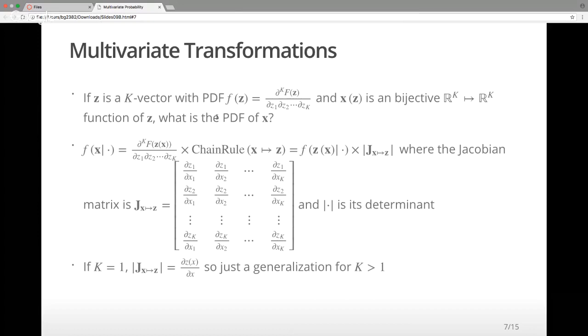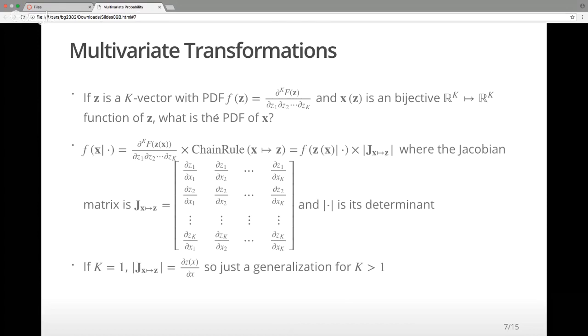And again, if we consider the case where k is equal to 1, so we have a vector of size 1, then the determinant of the Jacobian 1-by-1 matrix is just going to be the derivative of z written as a function of x with respect to x.